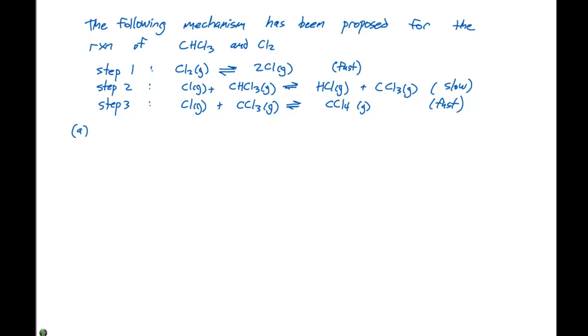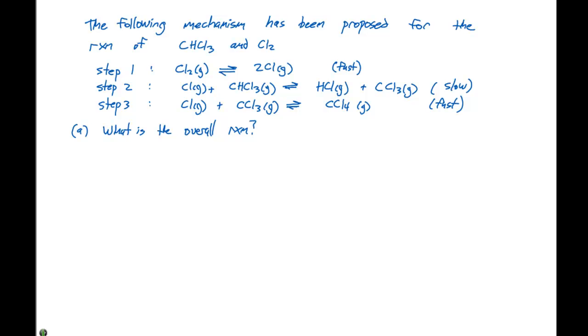The first thing I want to ask is, what is the overall reaction? To get the overall reaction, we simply need to add up all three steps of this particular reaction.